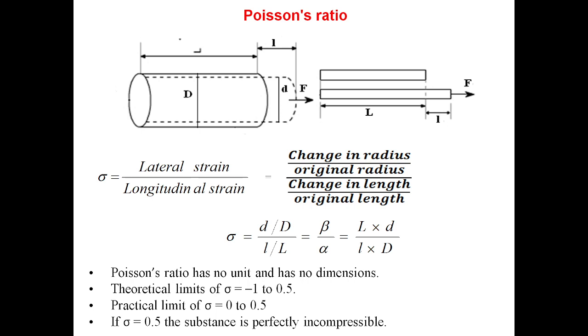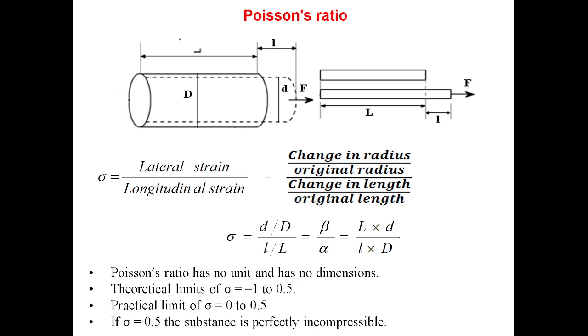Suppose the cylinder is subjected to weight or expansion. Then the original diameter will change by a small amount d, and the length will be expanded by a small change in length l. So when a force is applied at one end, because of the deforming forces, the diameter and the length of the cylinder will be changed.